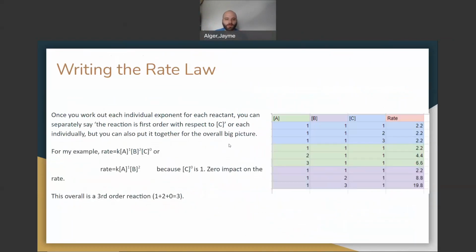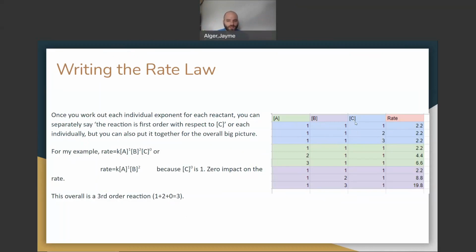So I have just a fake example here of some data from before that is in a different spreadsheet. And if you double check what we're doing for each reactant, in the first blue rows we have here, we are using 1, 2, and 3 servings of reactant C. So we are doubling and tripling the concentration of C while leaving A and B the same.